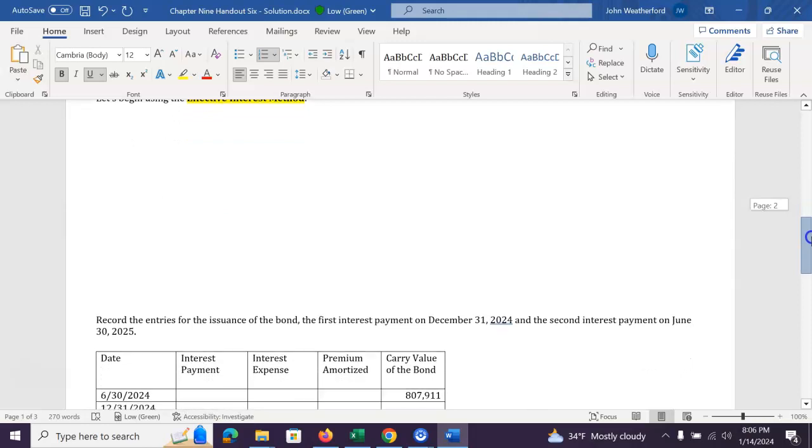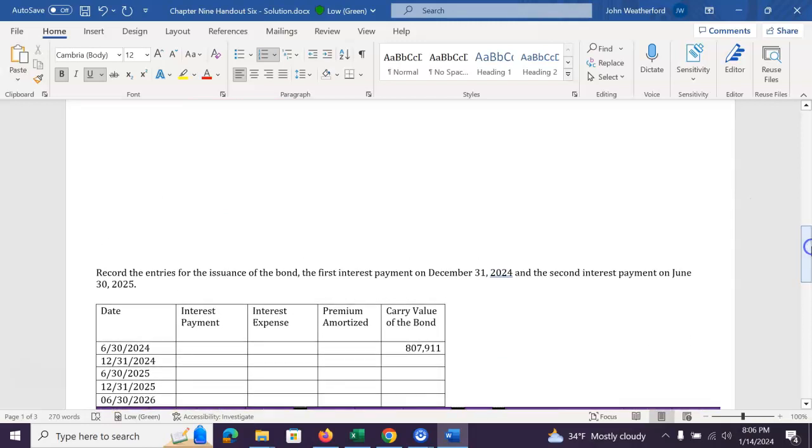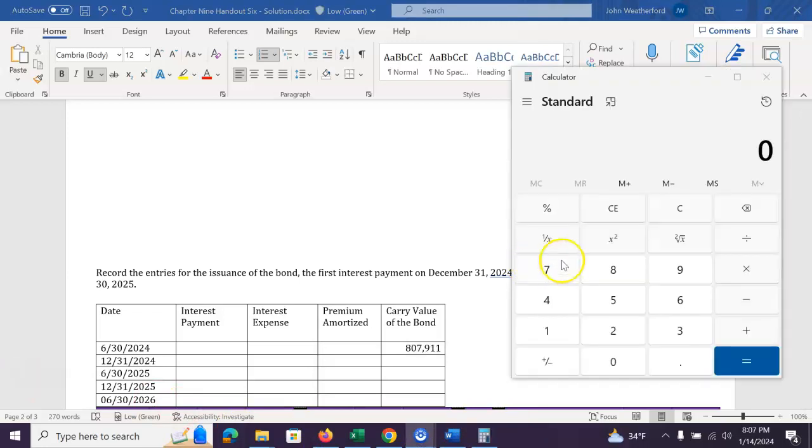All right, so now our interest payment each time. To get the interest payment amount each period, we'll say the face amount or face value, $750,000, times half the stated rate. The stated rate here was 12%, so half that would be 0.06 or 6%.